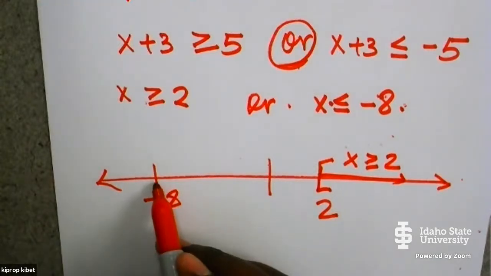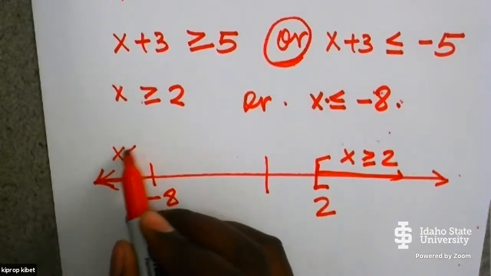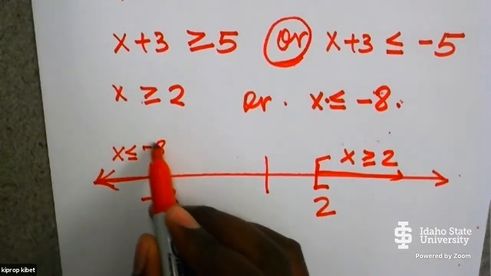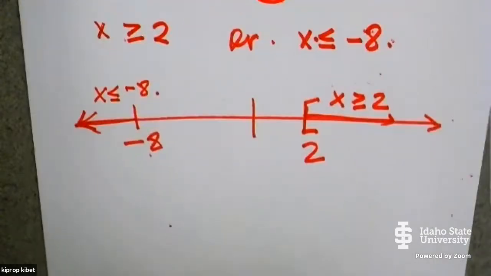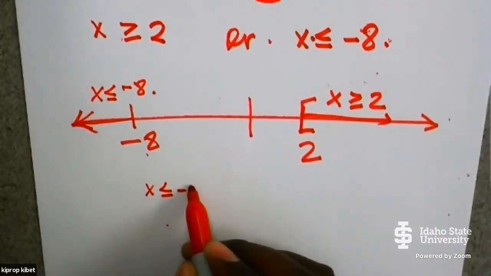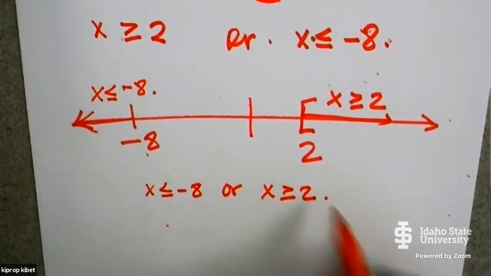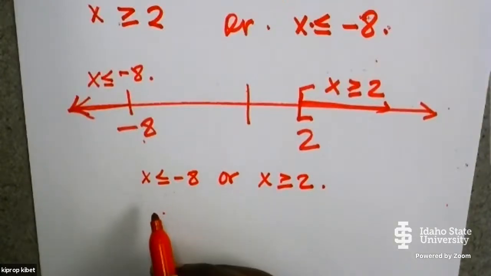And then the values of x are less or equals to minus 8, so this way. So our algebraic notation will be x less or equals to minus 8, or x is greater or equals to 2. And our interval notation will be what?